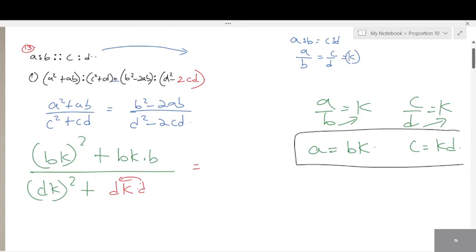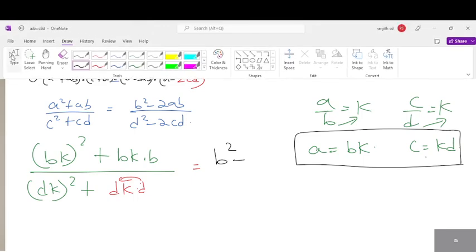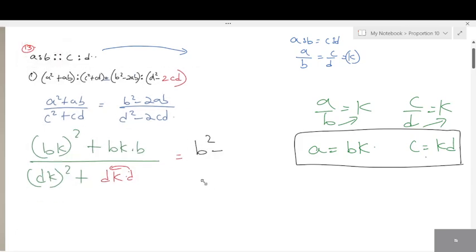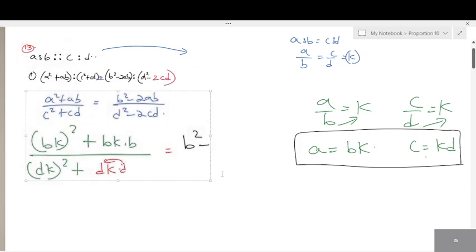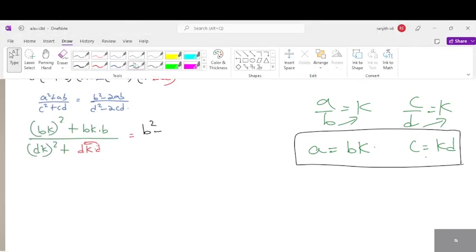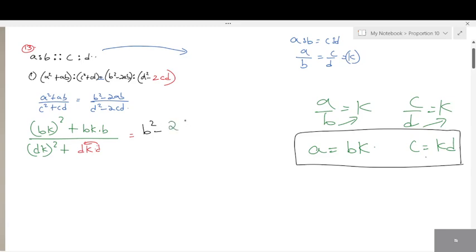What are the two values we have written? Left hand side, A and C. Just substitute A and C, keep B square as it is. What's the value of AC? Yes, 2 into, what is A value? Yes, B into K, divided by D square.